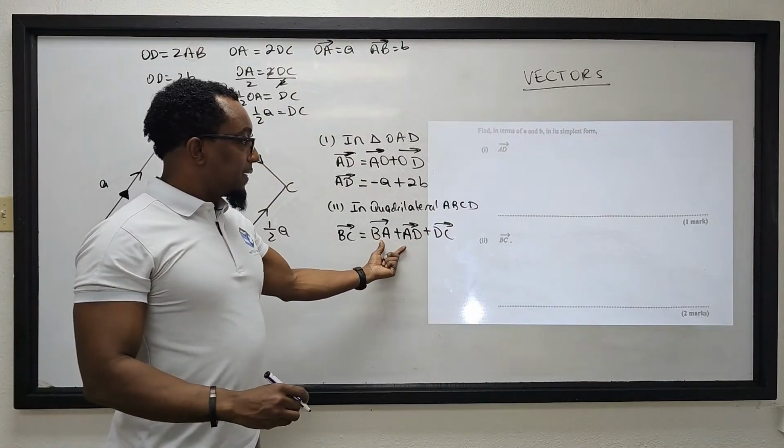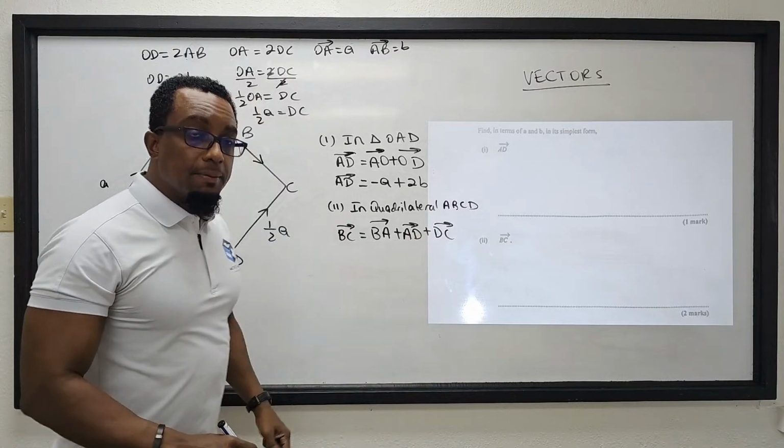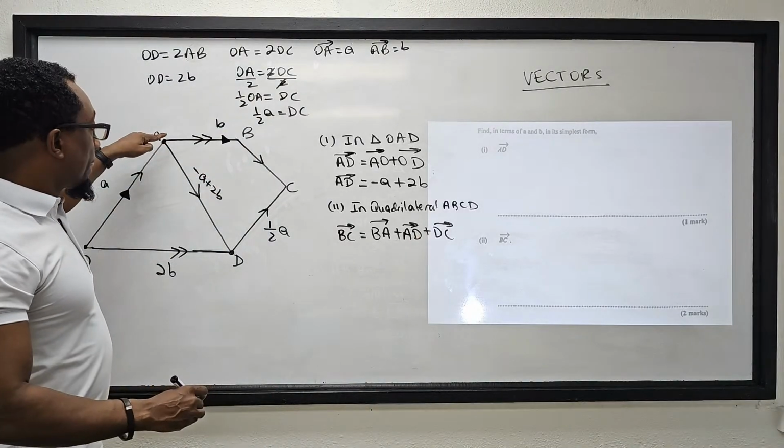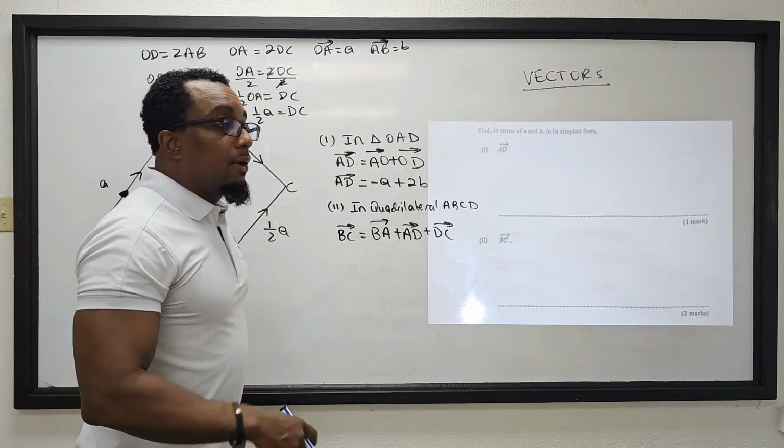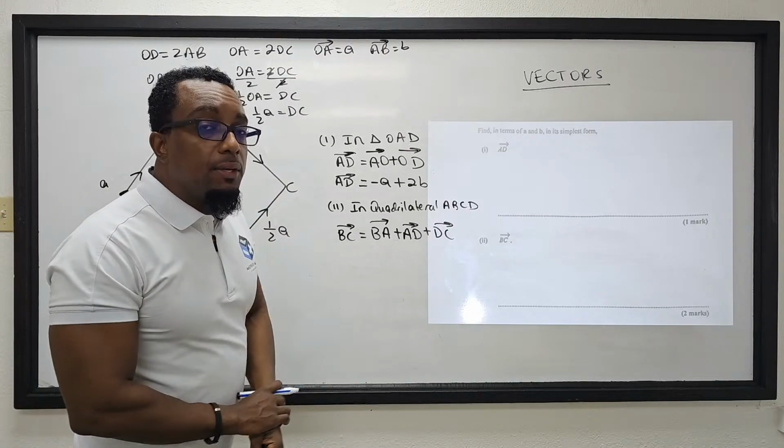You realize the middle letters here are the same, the middle letters here are the same. So I'm saying BA plus AD plus DC. This is what you call the polygon law.